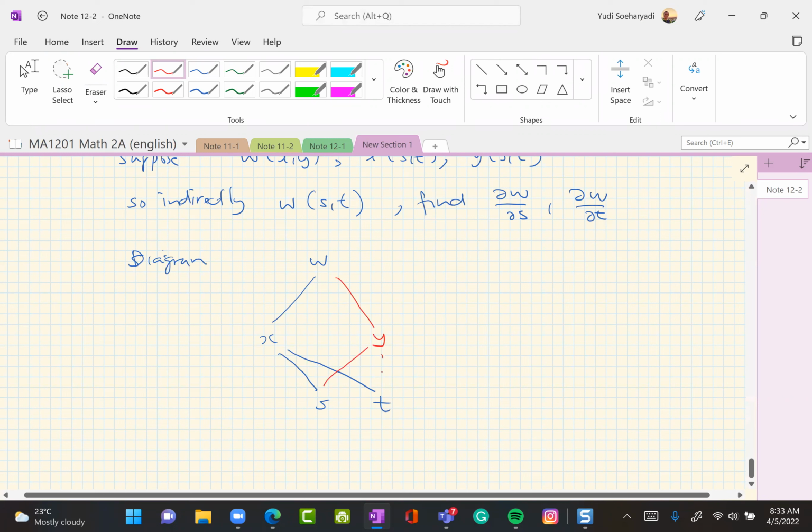Then you can get it easily from here. So assume differentiability.